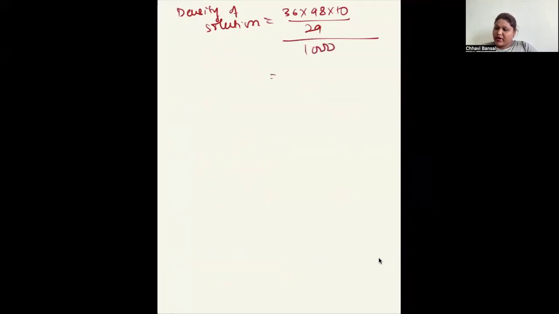So what will be our answer? 36 multiplied by 98 divided by 2900. This comes out to be 1.21 gram per ml. So this is the density of solution.